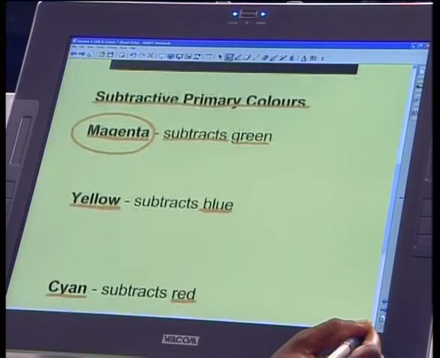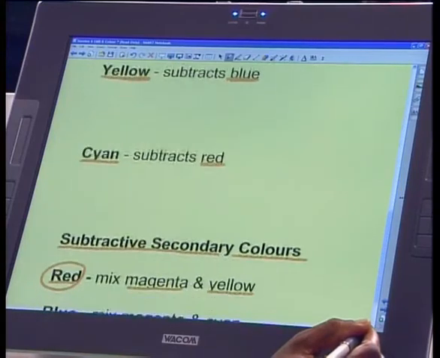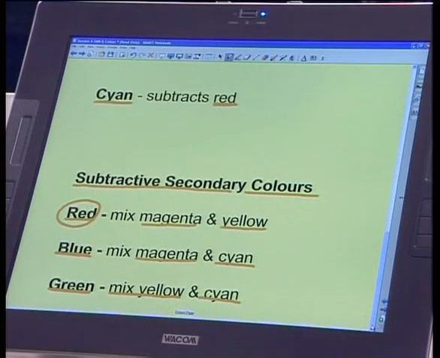So that's very important for you to understand, because the primary colors for pigments are actually not the same as the primary colors of light. Okay, so primary colors for pigments, magenta, cyan, yellow. Primary colors for light, it's red, blue, and green. Okay, now let's move on and have an example.